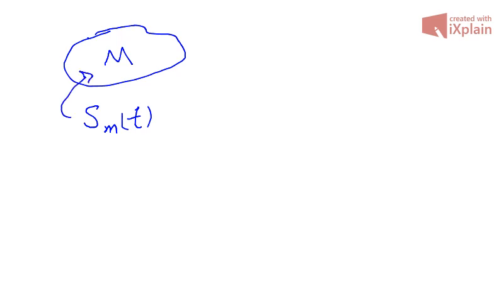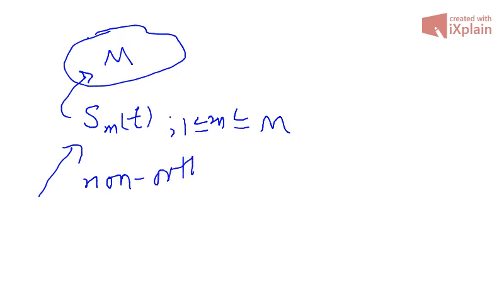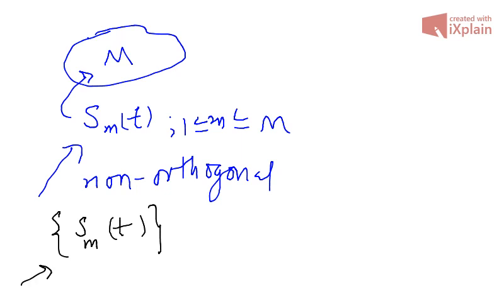Any signal can be considered as s_m, and this m is from 1 to capital M. All these signals are non-orthogonal, and they have some energy. Usually when we have a set of signals, we can represent the whole set using this notation: a set of signals which has many waveforms, and those waveforms are non-orthogonal.